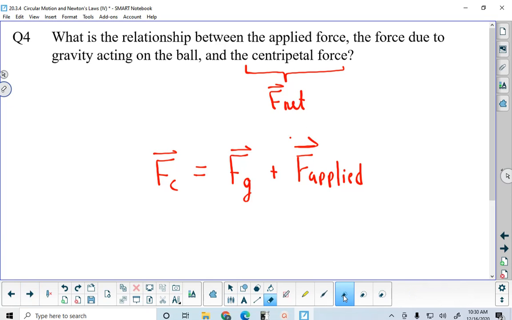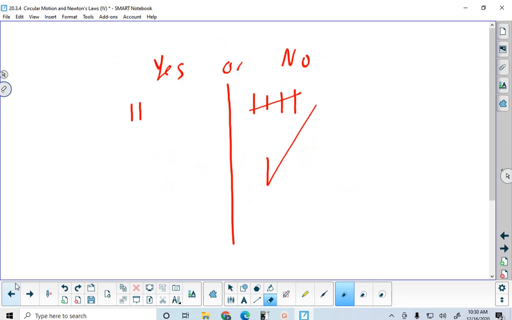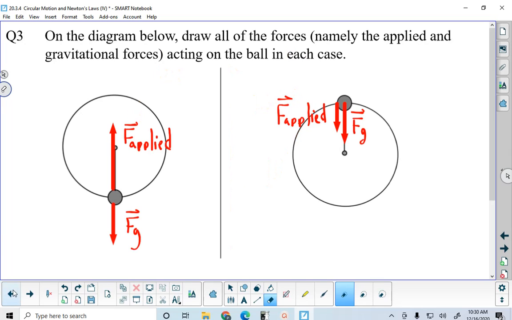I want to be very careful here. I'm not talking about magnitudes, I'm talking about forces here. You have to add forces together to get net force. Net means total. So you add the forces together. But if I look now, and I would like you to look at the screen now, if I look at my diagrams, when I add those two forces together when the ball is at the bottom, I'm going to add them in a certain way.